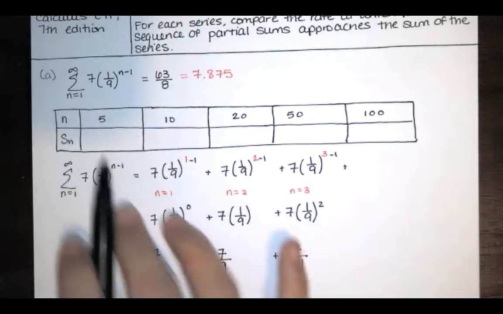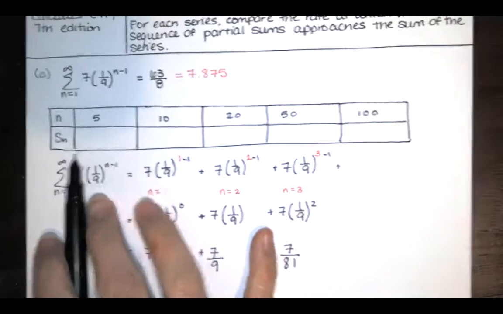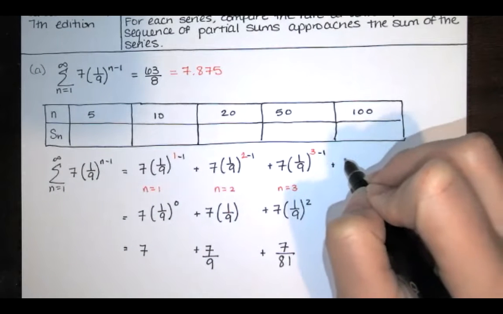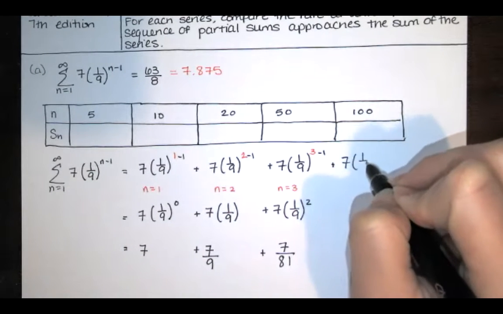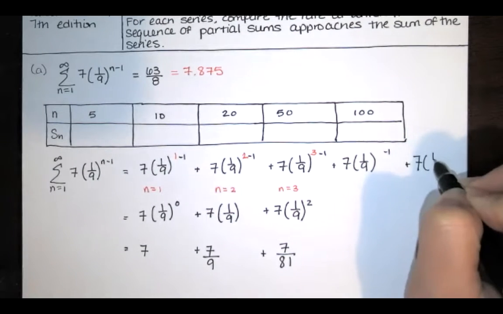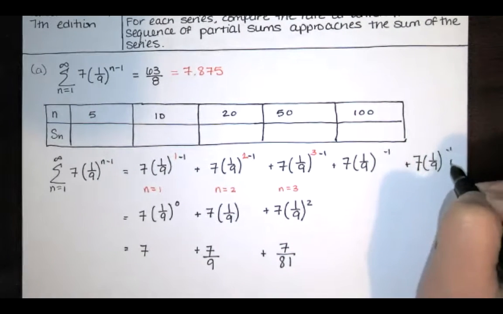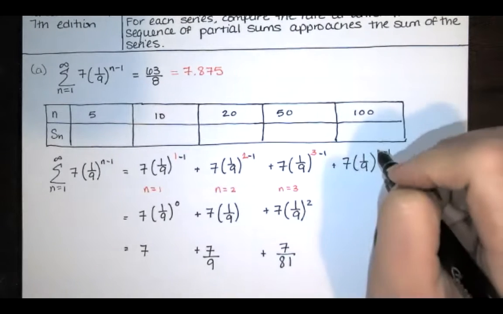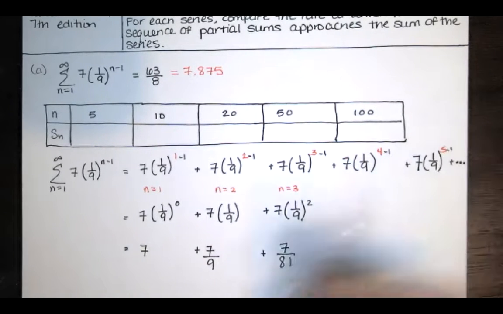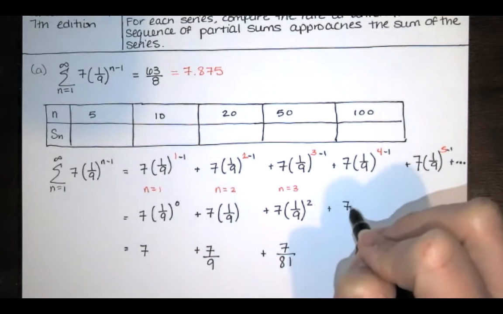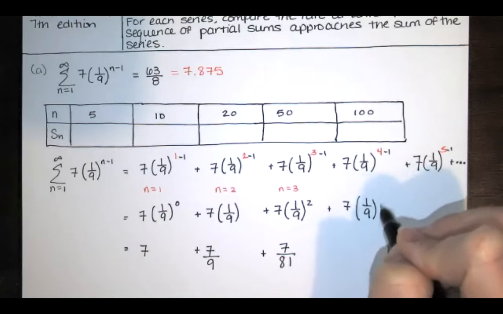I'm going to go up to n equals 5 because we need that for our nth partial sum here. So we'll substitute in n equals 4, and we'll substitute in n equals 5. And then I'm going to add little dots at the end to indicate that this continues in this way forever, because we're going from n equals 1 to infinity. This is going to be 7 times 1/9 cubed.